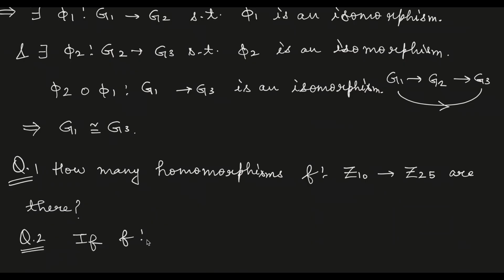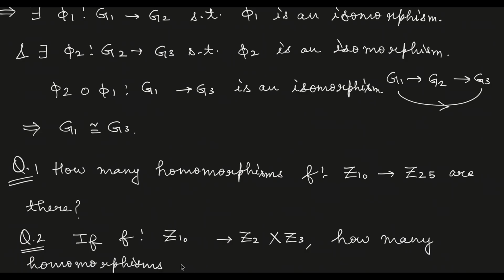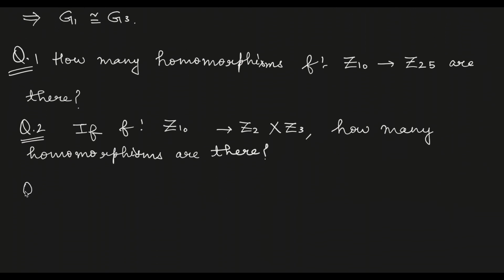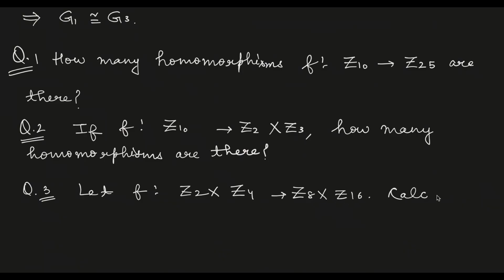If F is a mapping from Z10 to Z2 cross Z3, how many homomorphisms are there? Let F be a mapping from Z2 cross Z4 to Z8 cross Z16. Calculate the number of homomorphisms.